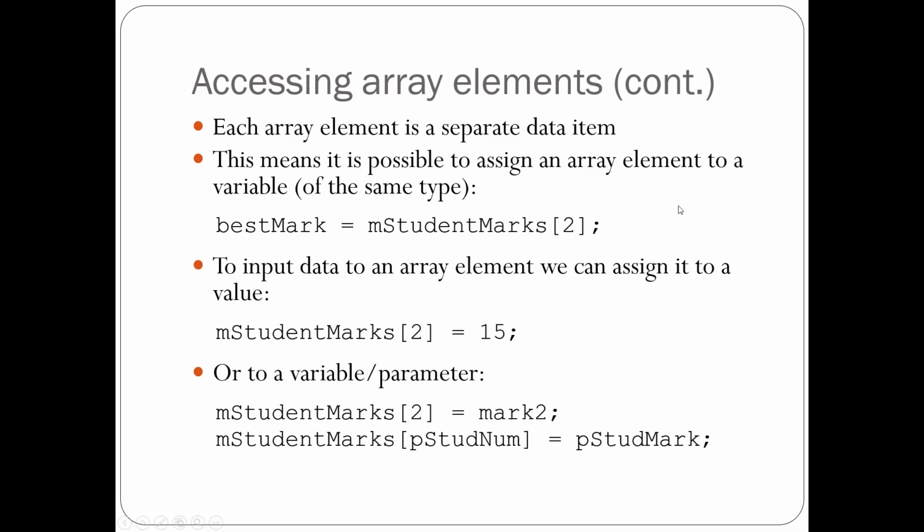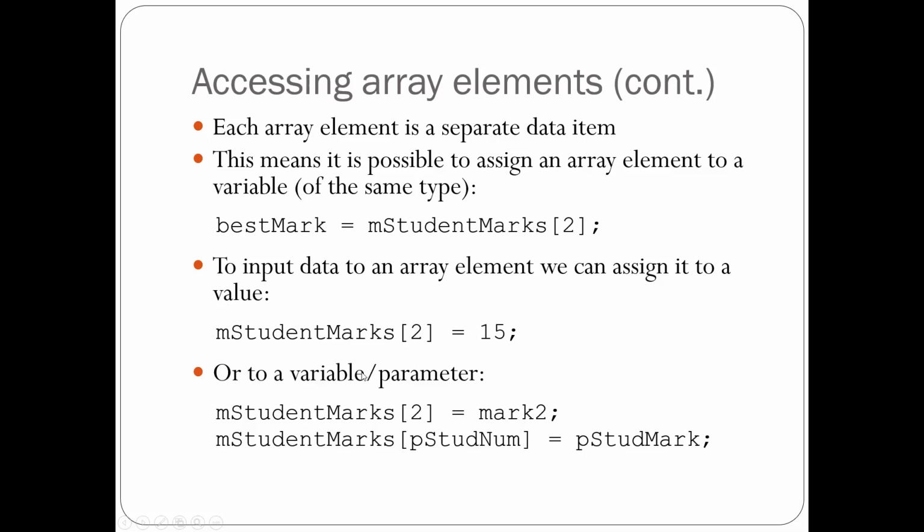In the opposite direction, we can access those elements just like any other use of a variable. So we can assign another variable to the value that's in the array. Whatever is in position or index 2, stick it in best mark.